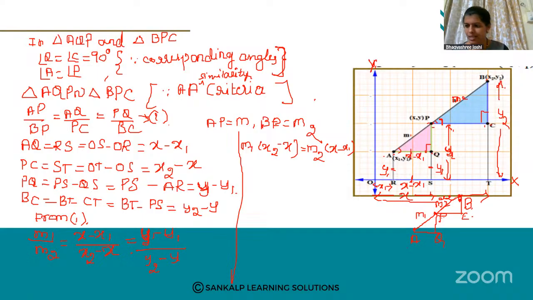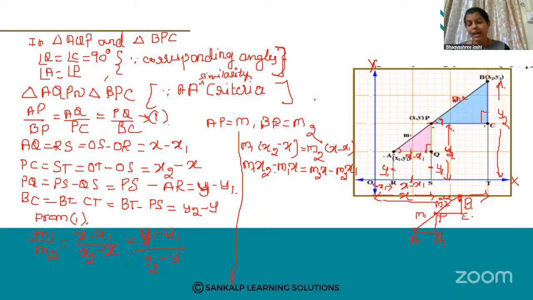Like that, here also M2 into Y minus Y1, M1 into Y2 minus Y. Okay, now write it here for the last. So this is M1 into X2 minus M1 into X is equal to M2 into X minus M2 into X1.